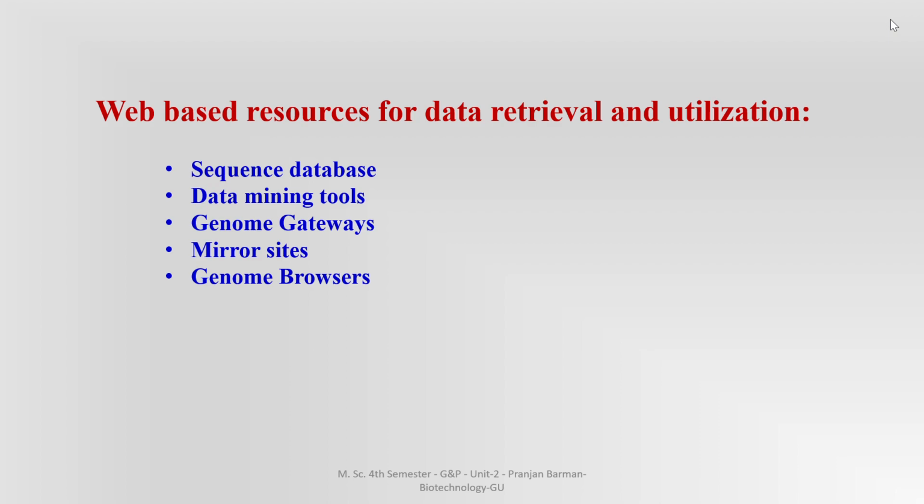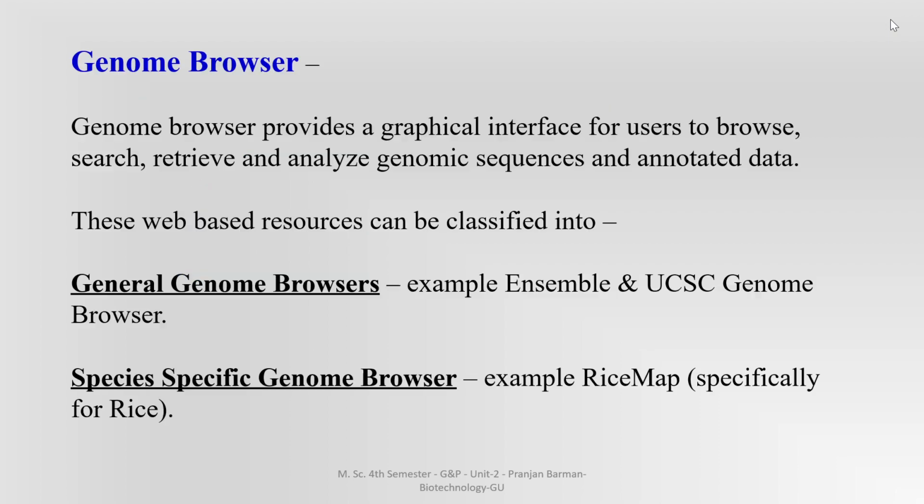Genome gateways, as I have just shown you, the Rice Genome Research Gateway. There are mirror sites and genome browsers. Now, how do genome browsers look? There are two types of genome browsers. One type is called general genome browsers, through which you can find information for many genome sequencing projects.